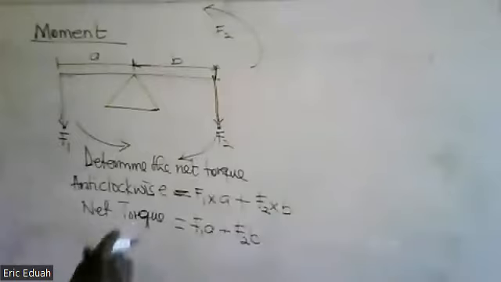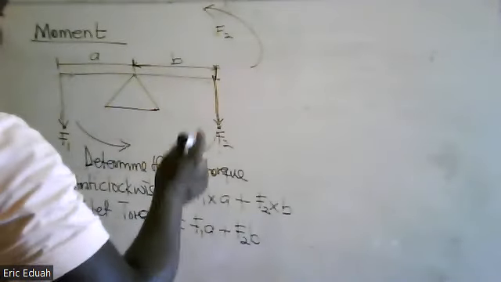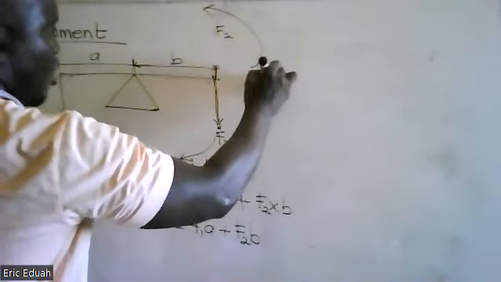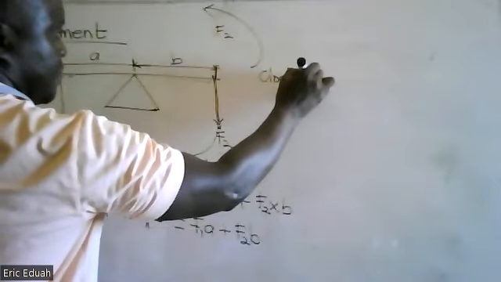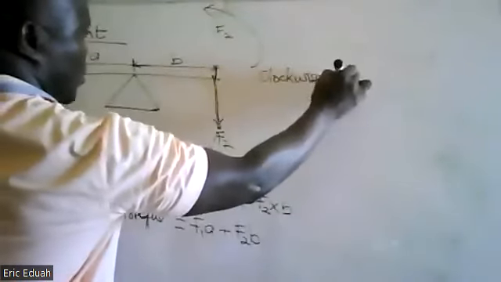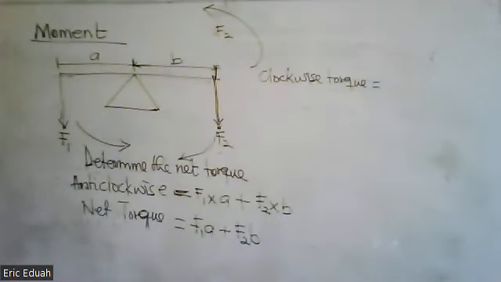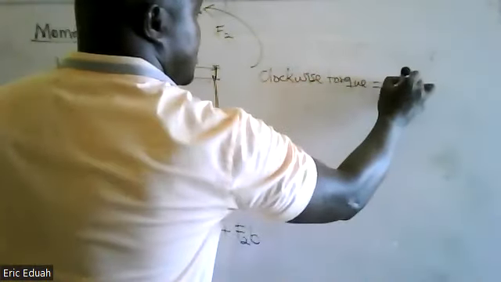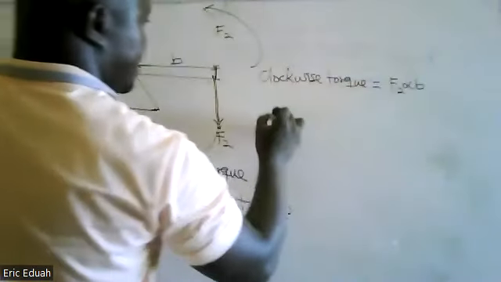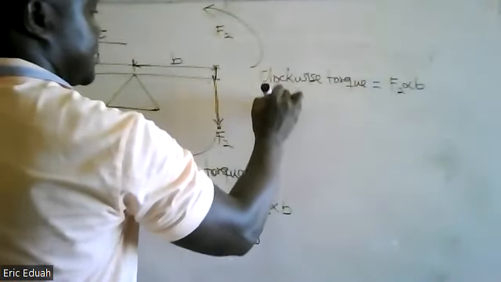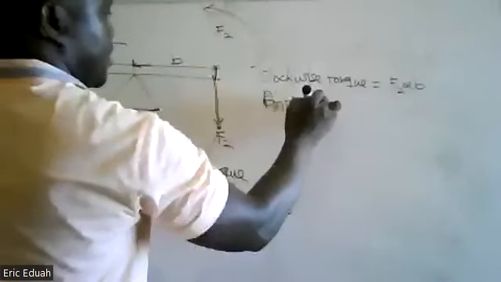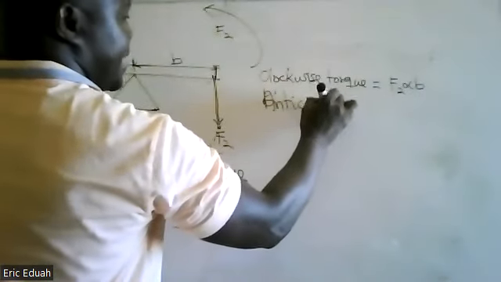So in a situation like this, the clockwise torque is equal to F2 times B, the anti-clockwise torque or moment.